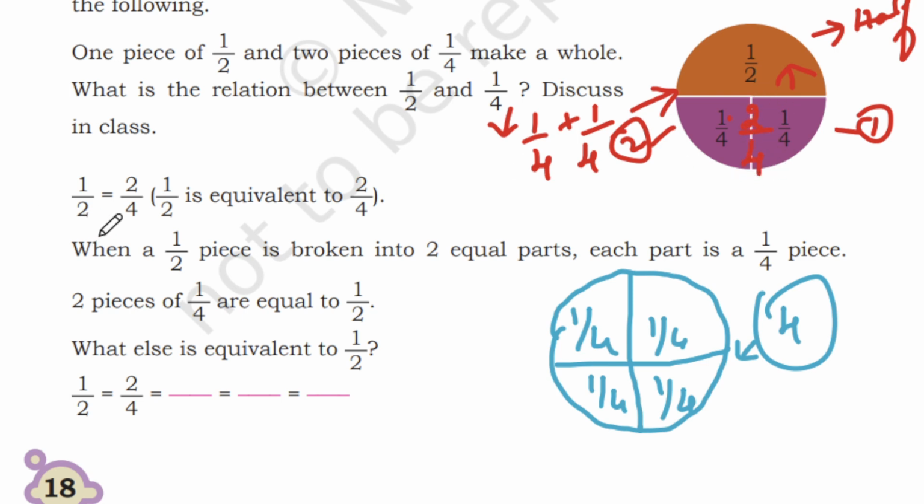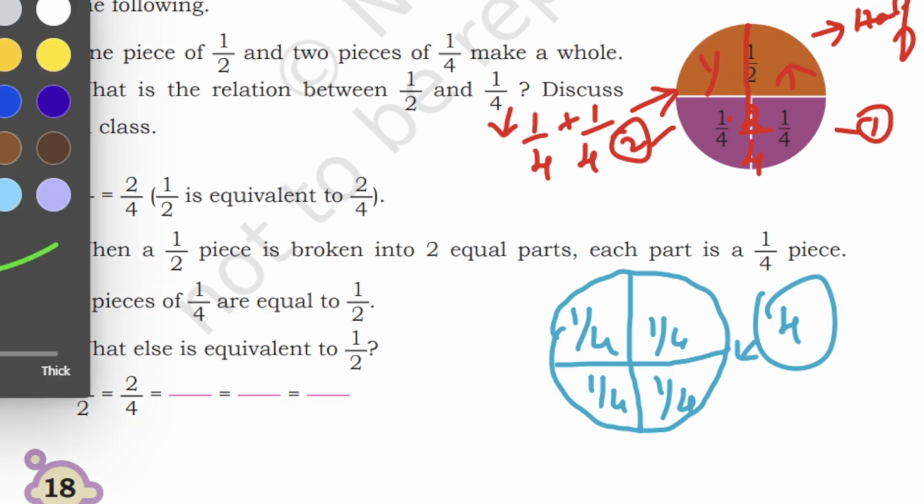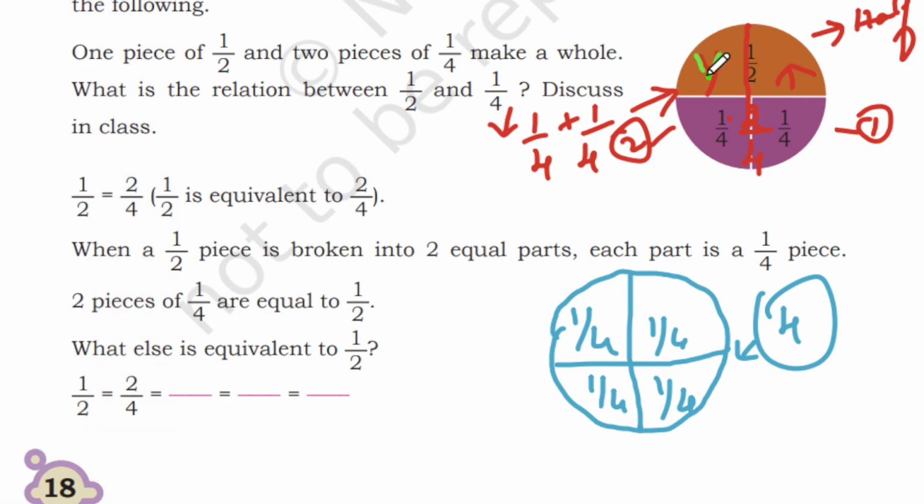Okay. When a 1 by 2 piece is broken into two equal parts, each part is 1 by 4. For example, this is 1 by 2. When you divide this into two equal parts, you will get 1 by 4. This one is 1 by 4 and this one is 1 by 4.